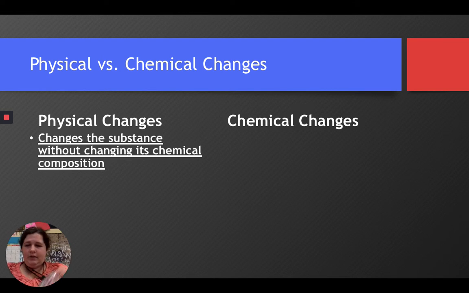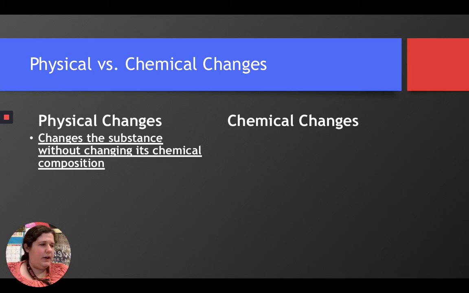I have a Diet Dr. Pepper, generic. Let's say that I drink the soda. There's less soda now in the can than there was, but it's still the same soda. That would be a physical change.